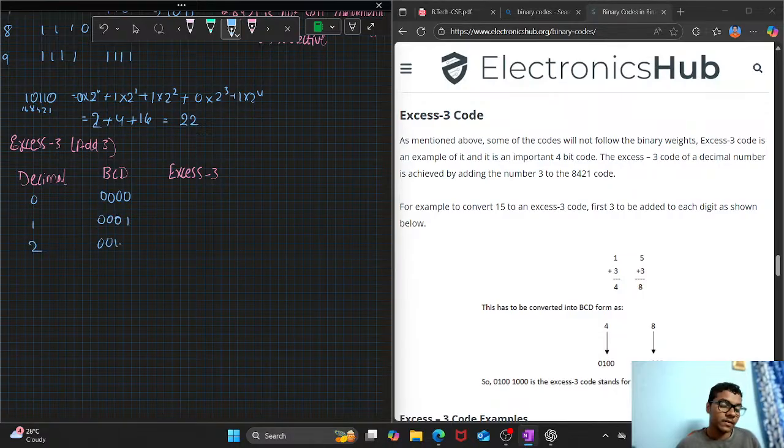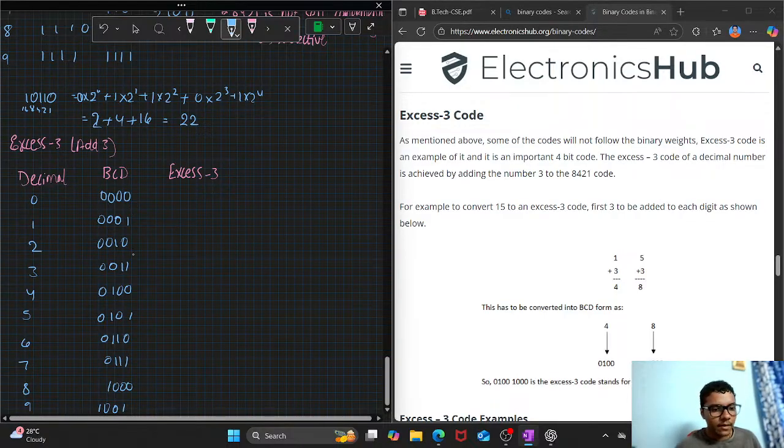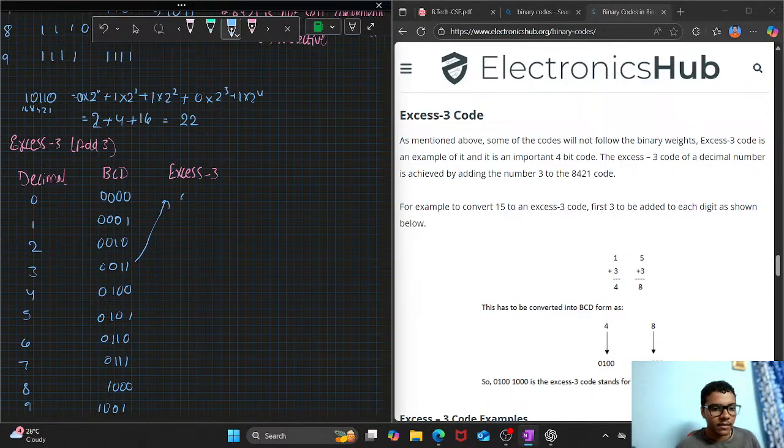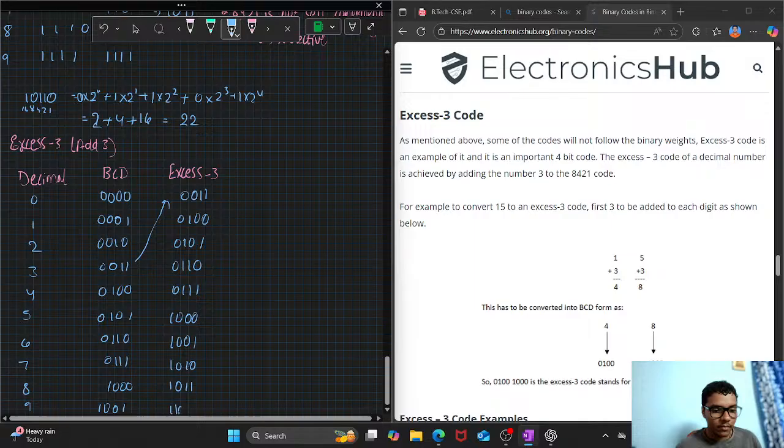The BCD codes are 0 0 0 0, 0 0 0 1, 0 0 1 0, 0 0 1 1, 0 1 0 0, 0 1 0 1, 0 1 1 0, 0 1 1 1, 1 0 0 0, 1 0 0 1. Excess 3 will be 0 plus 3 is 3, so write these down here: 0 0 1 1, 0 1 0 0, 0 1 0 1, 0 1 1 0, 0 1 1 1, 1 0 0 0, 1 0 0 1, 1 0 1 0, 1 0 1 1, and 1 1 0 0. 9 plus 3 is 12, and this is the code for 12.